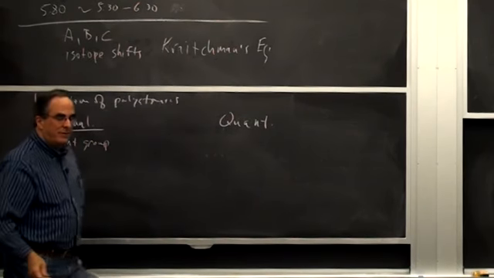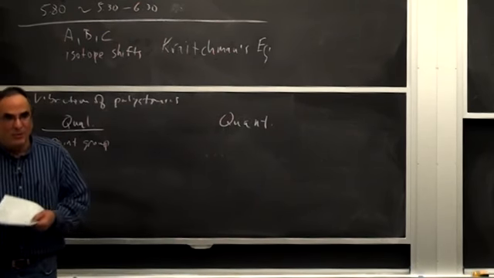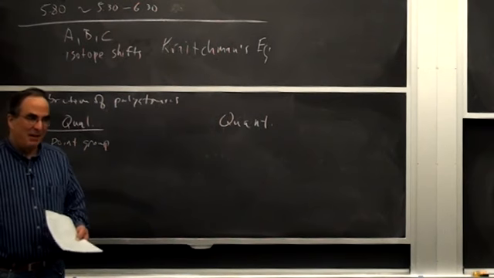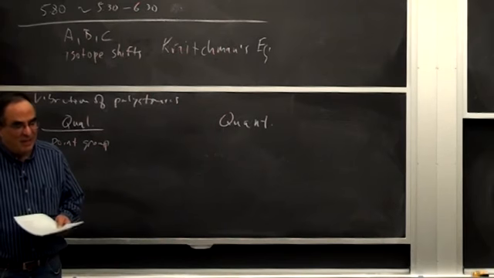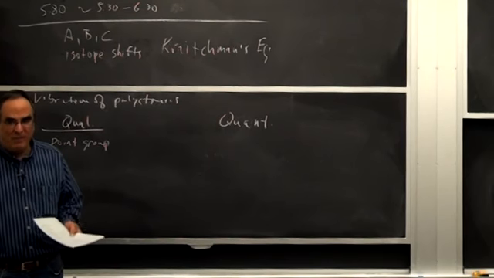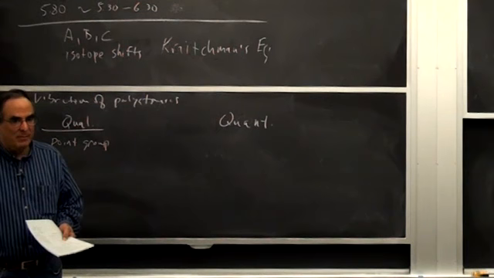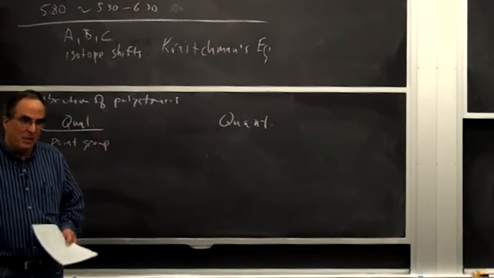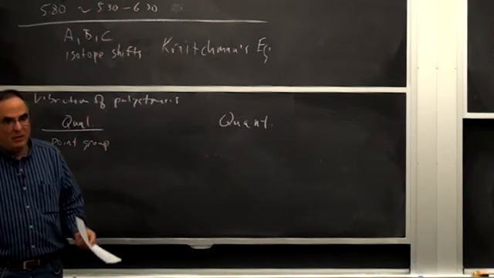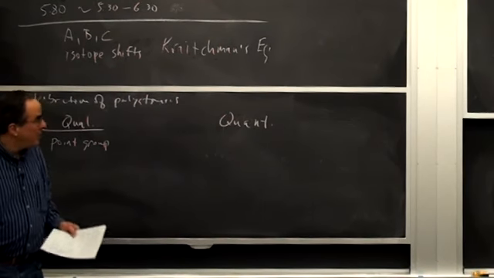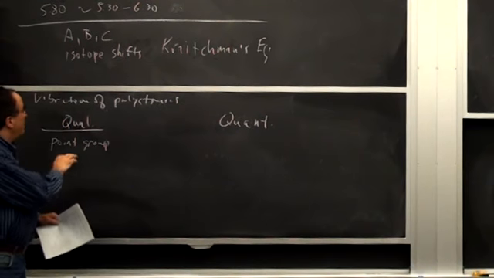Now, one of the things that people in my group have begun to realize is that point groups are often a too crude concept for describing molecules, especially when the molecules are floppy and could undergo large amplitude vibrations.